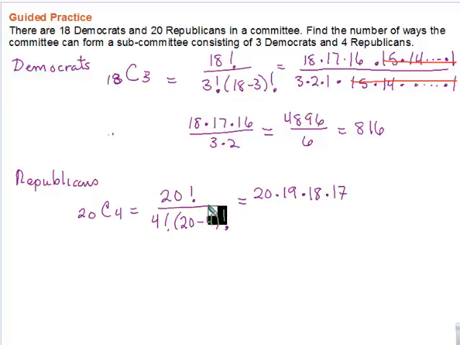Does that make sense? And then 4 times 3 times 2 for my 4 factorial. So I have 20 times 19 times 18 times 17 is 116,280 over 24. So 4,845 ways to pick Republicans.